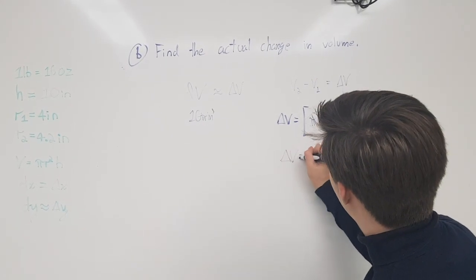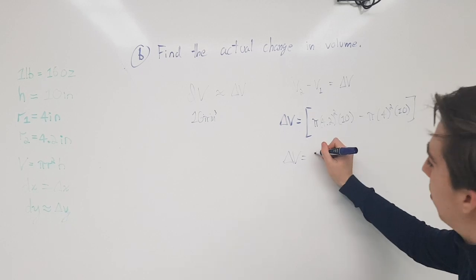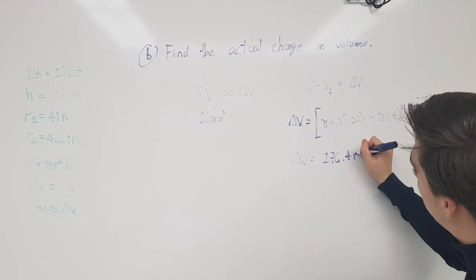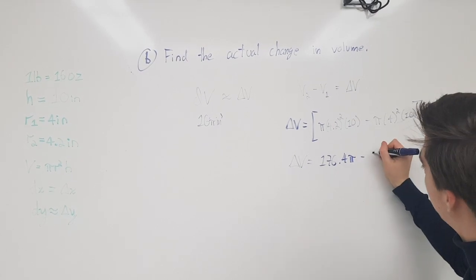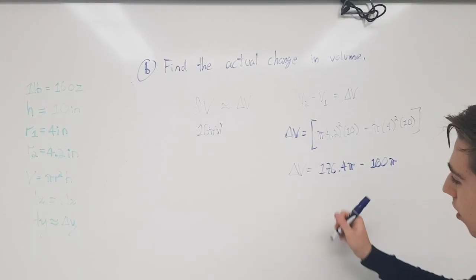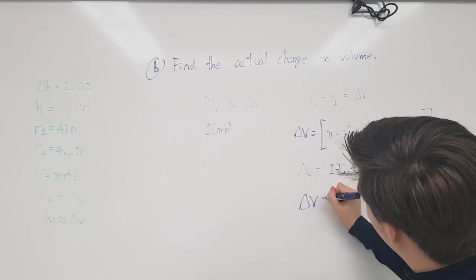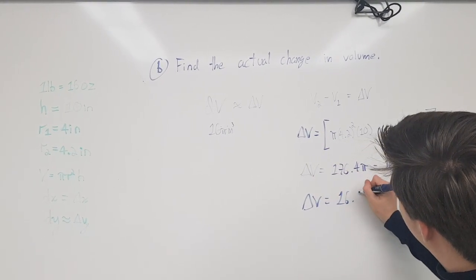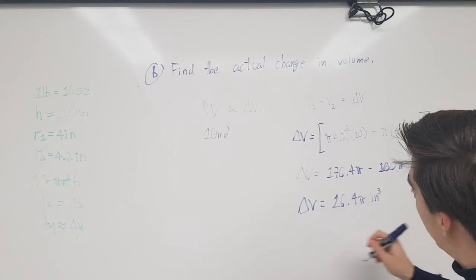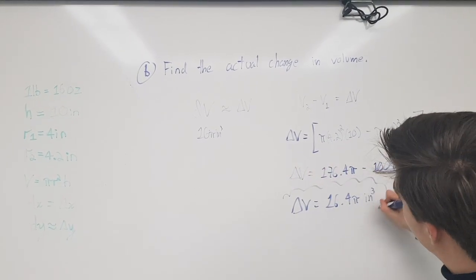After doing some quick math, it's going to be 176.4 pi minus 160 pi. So the final change in the volume is going to be 16.4 pi inches cubed. And as you can see, this is almost equal to the 16 pi.